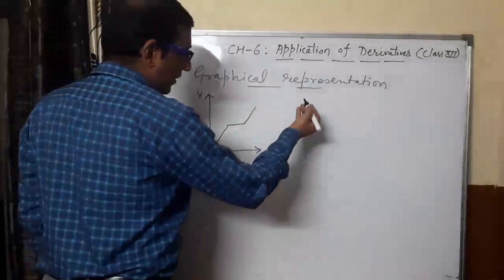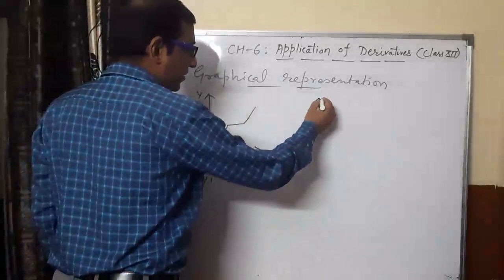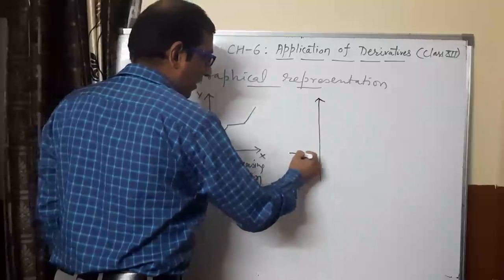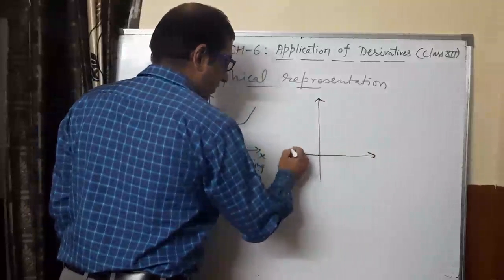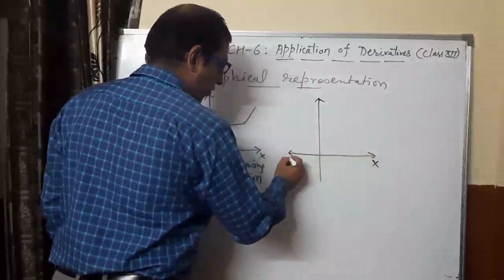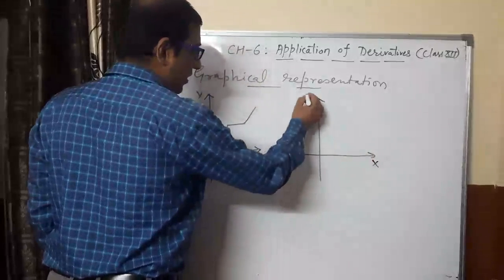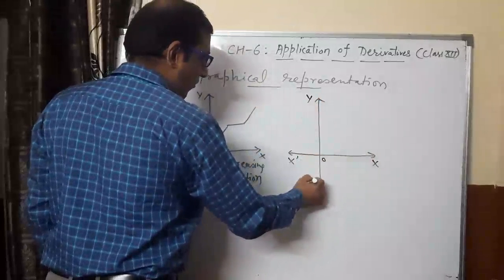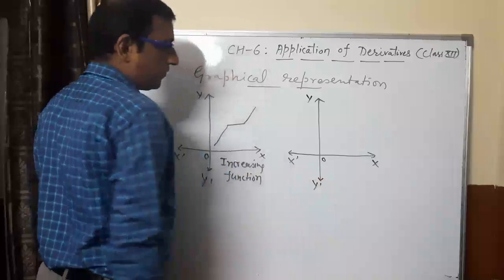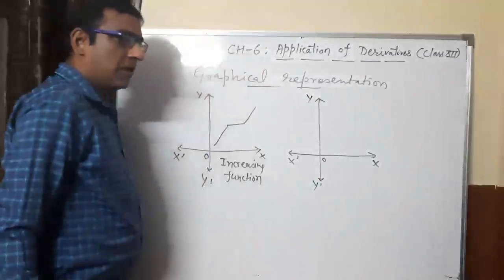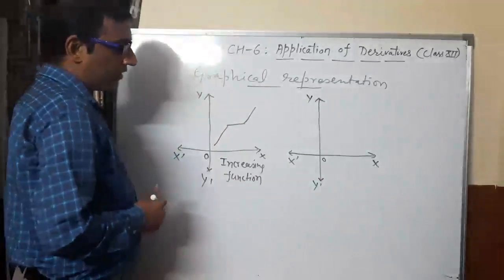So what about strictly increasing function? How can we denote the graph? Again we will take X'OX and Y'OY, where X'OX is the horizontal axis and Y'OY is the vertical axis.